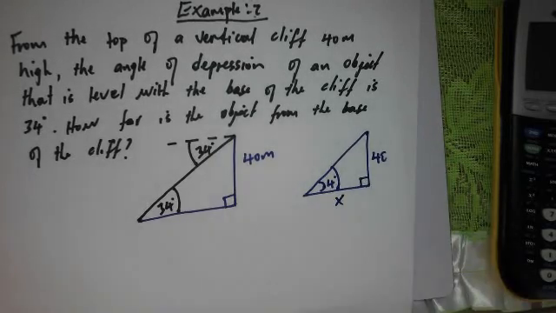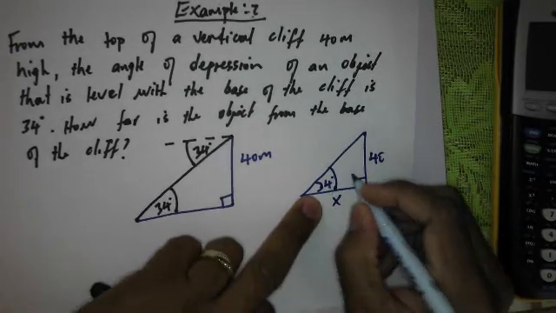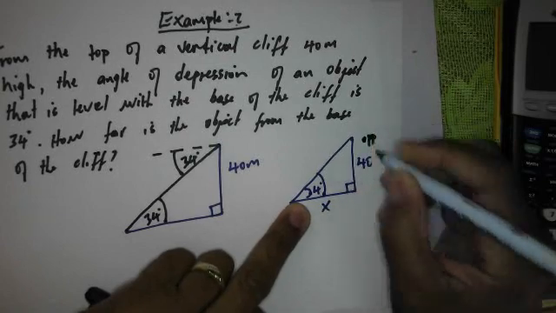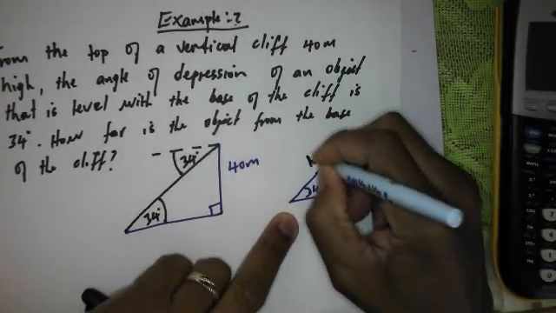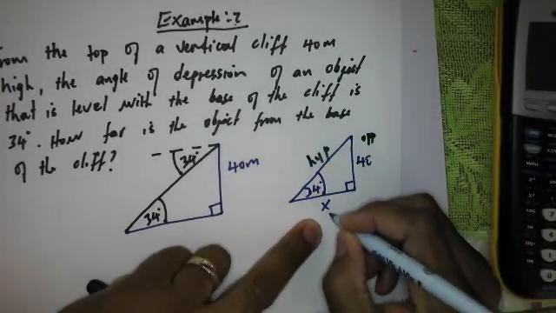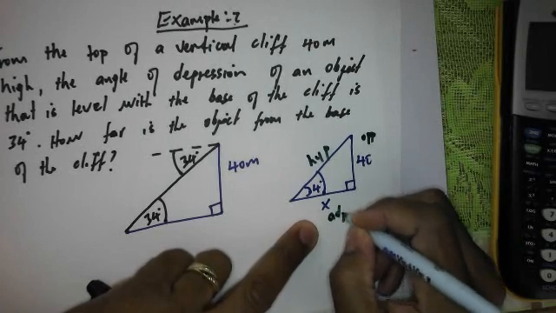Okay? So again, what we're going to do is label our diagram. Across from your given angle, this is your opposite side. Across from your 90, this is your hypotenuse. And this part would be your adjacent side. Okay?